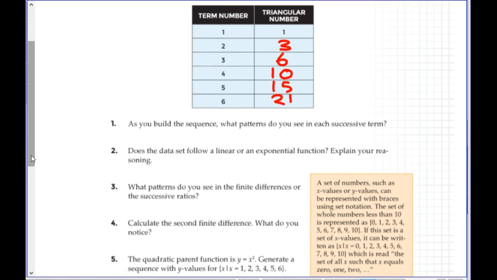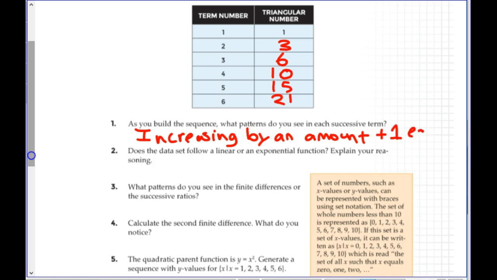So what patterns do you see? It's increasing by an amount plus 1 each time. It's like taking the former amount, adding 1, right?